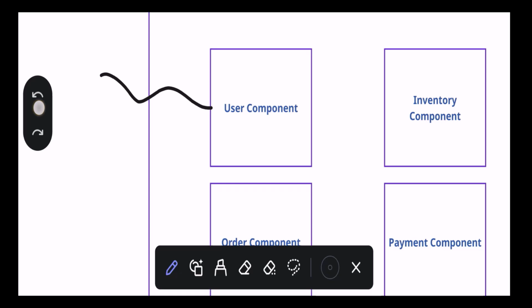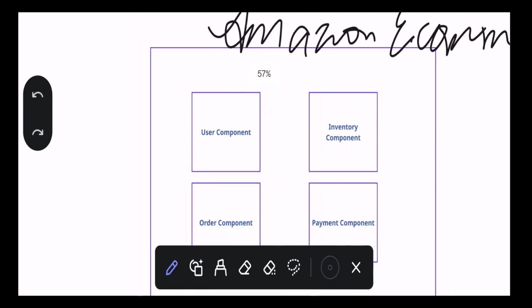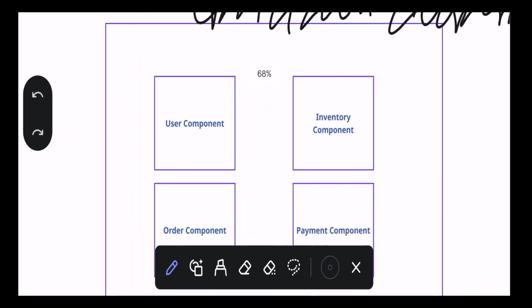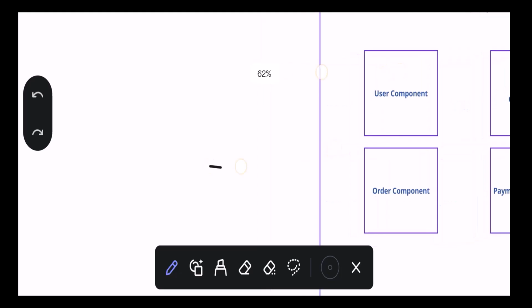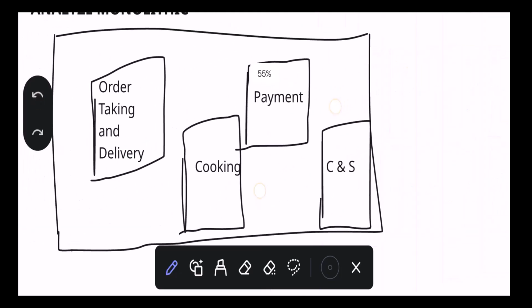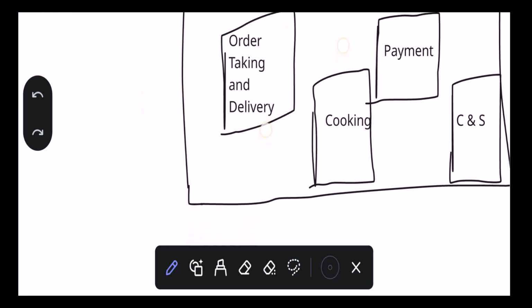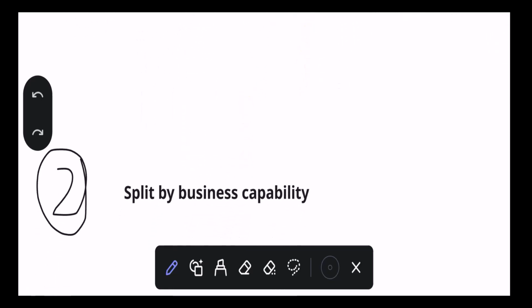So now, after identifying what the components are and what they are doing, we move towards the second step, which is known as splitting the business capability.